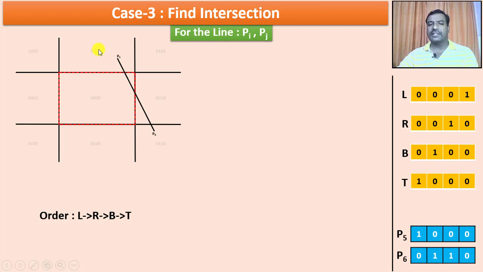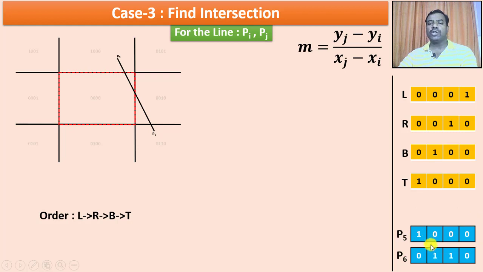And for this given line, we have got the region codes, and we are going to pick any one endpoint, whichever is out of the region. If you observe, both endpoints are right now outside the clipping region. Hence, I can pick any one endpoint randomly, but in order, we'll pick P5.